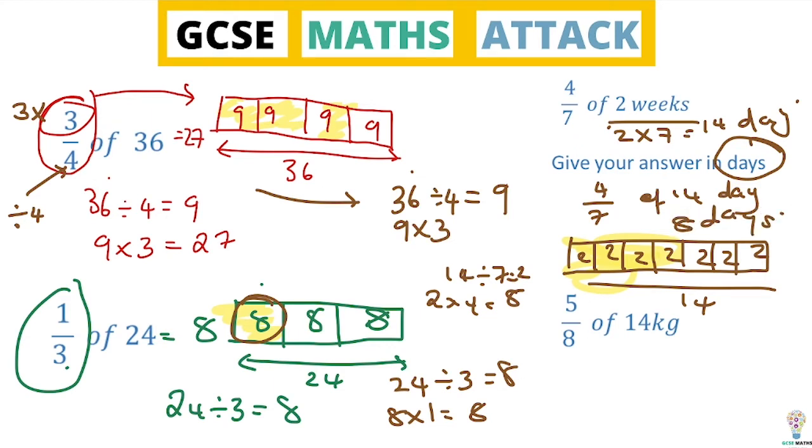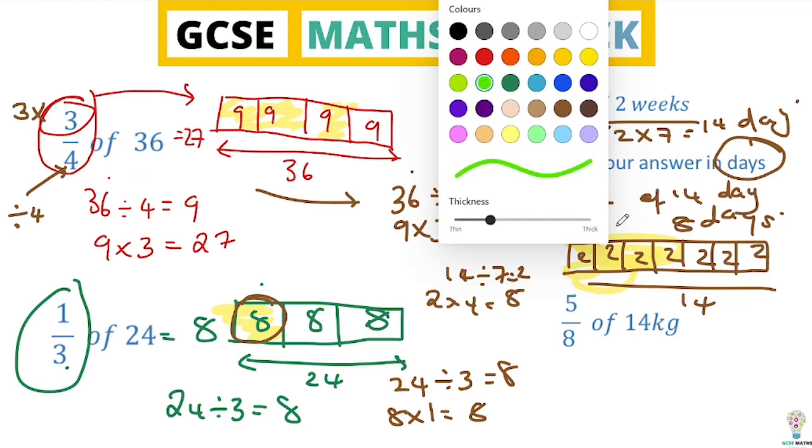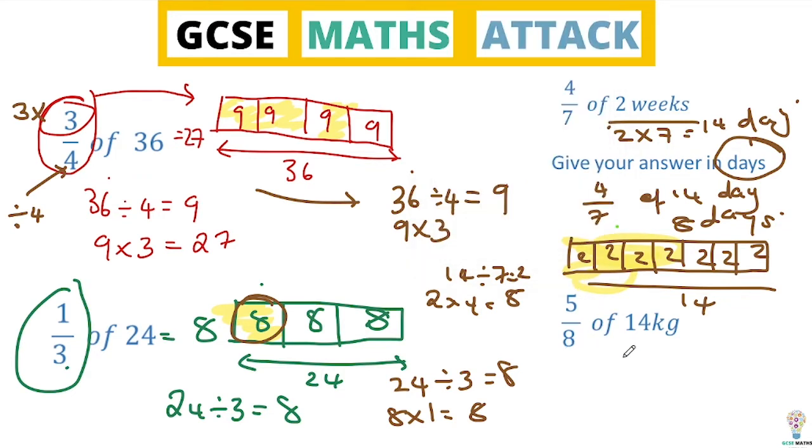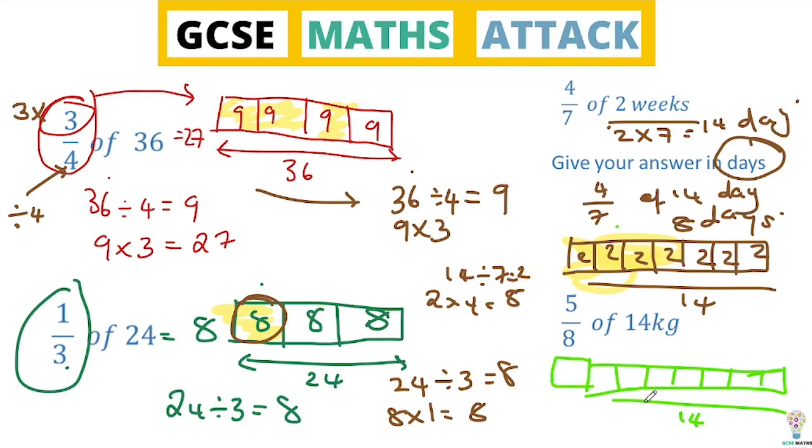Okay, so the next question asks us 5/8 of 14. So the whole thing is 14. I'm going to split it into 8 pieces. That's 1, 2, 3, 4, 5, 6, 7, and 8. So 14 divided by 8 would give me 1.75.